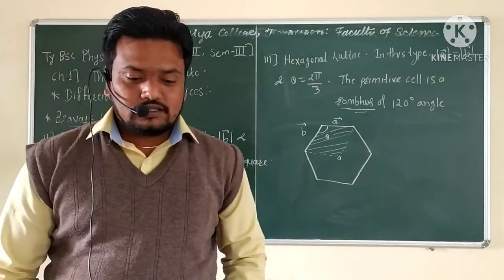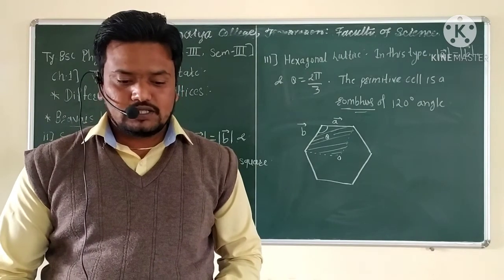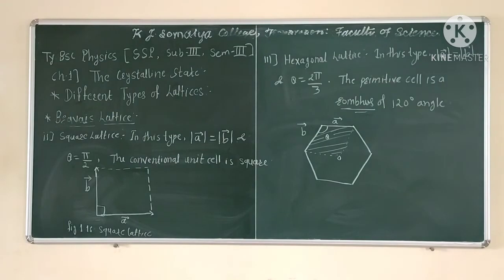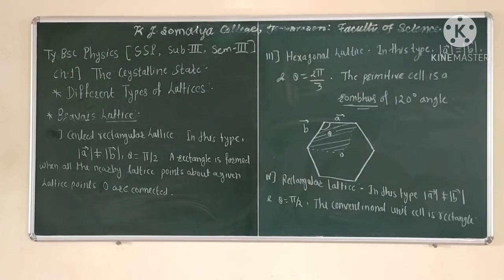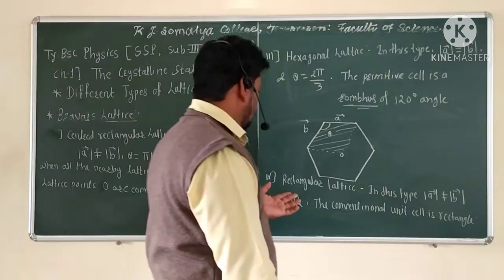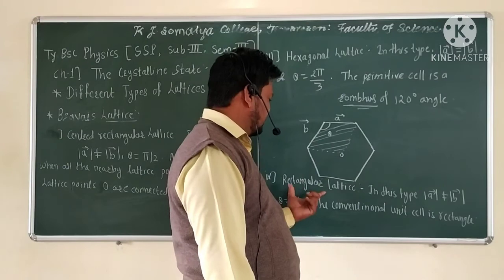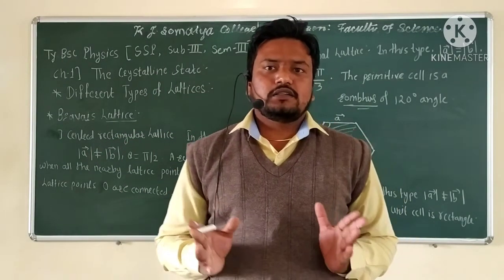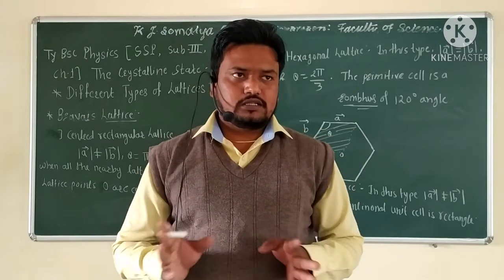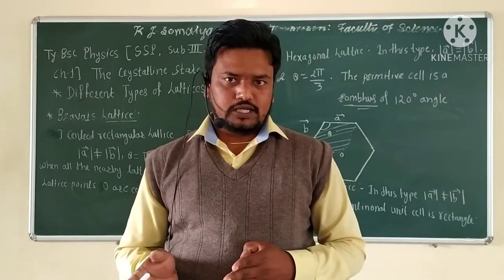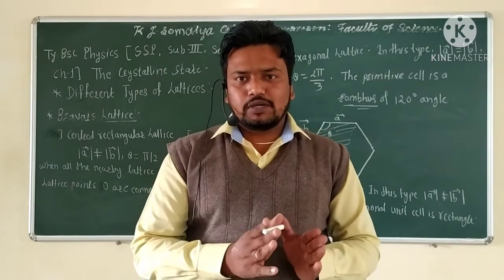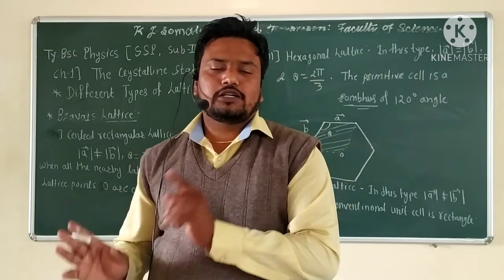Now the next two-dimensional Bravais lattice is the rectangular lattice. And you know the condition for vector a bar and vector b bar: mod of vector a bar is not equal to mod of vector b bar.